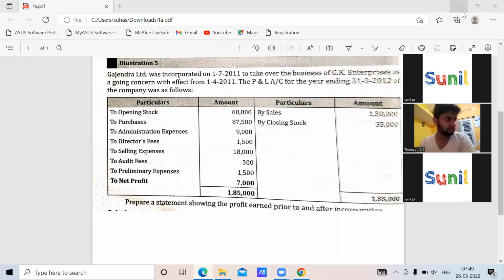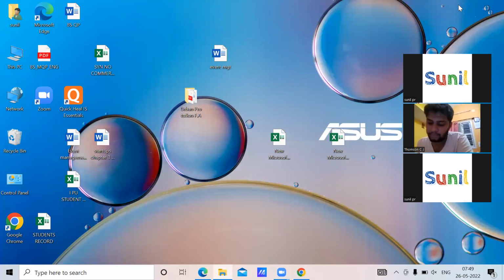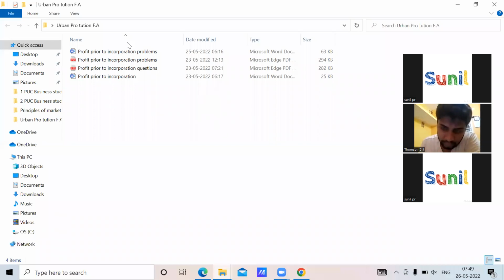The time ratio: pre-incorporation 4 months and post-incorporation 8? No, just see once.